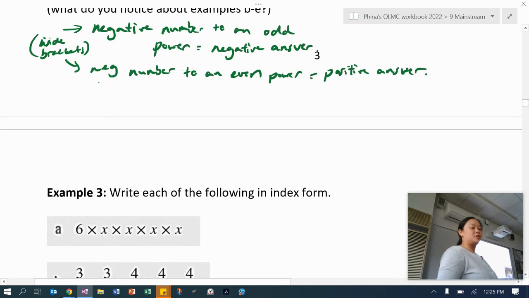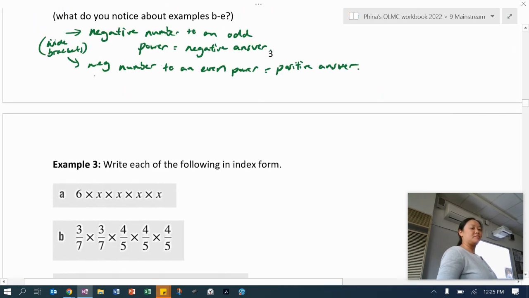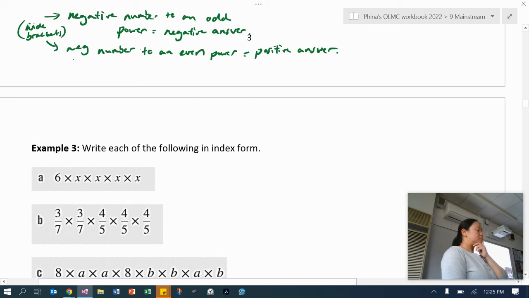Example 3. All right, so example 3, we ready? Write each of the following in index form. So going the other way this time. We've only got one 6, so we'll just write the 6. How many x's do we have? 4. So 6x to the power of 4.